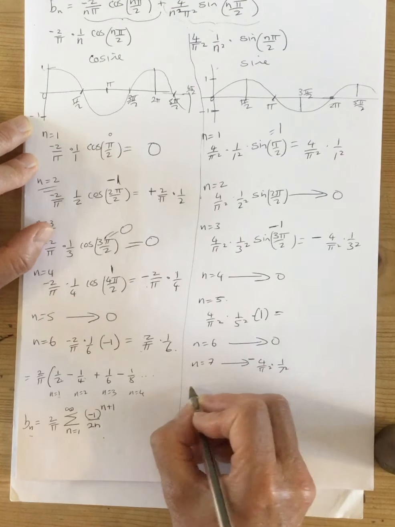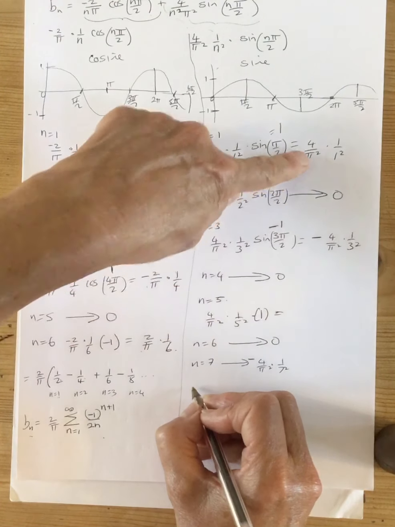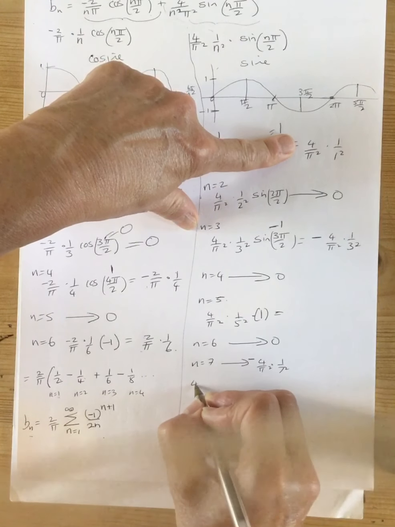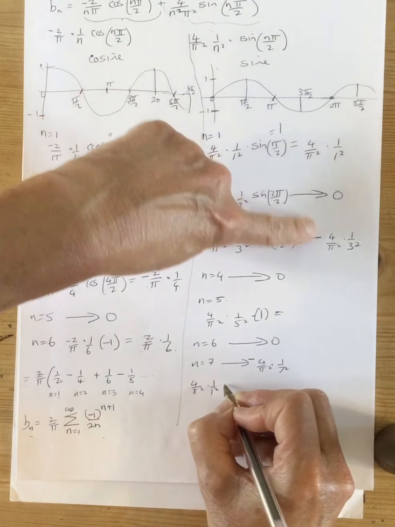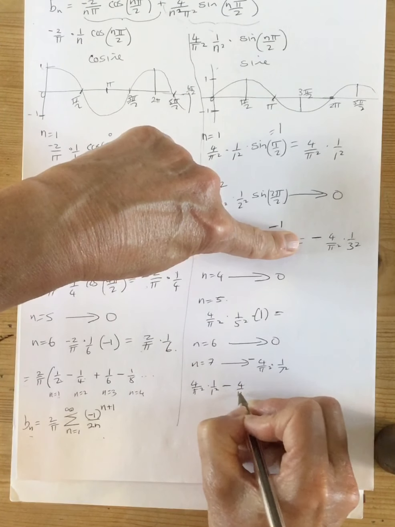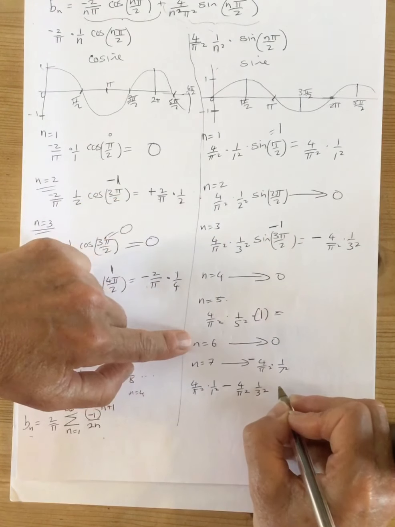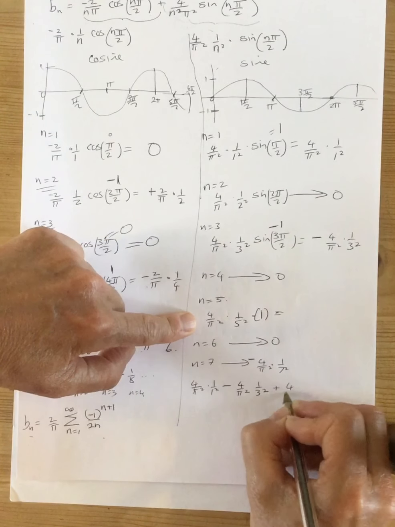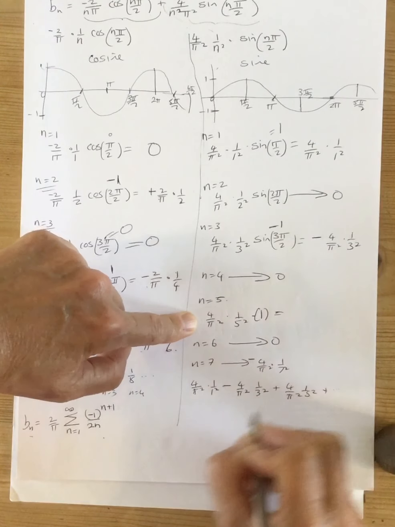Okay, so this new sequence looks like, there's the first term, 4 over pi squared times 1 over 1 squared, minus 4 over pi squared times 1 over 3 squared, plus 4 over pi squared times 1 over 5 squared, plus dot dot dot.